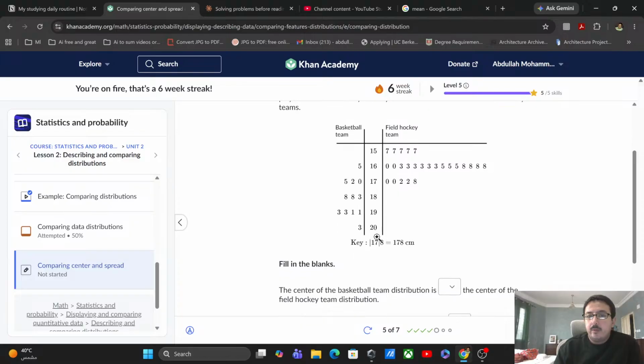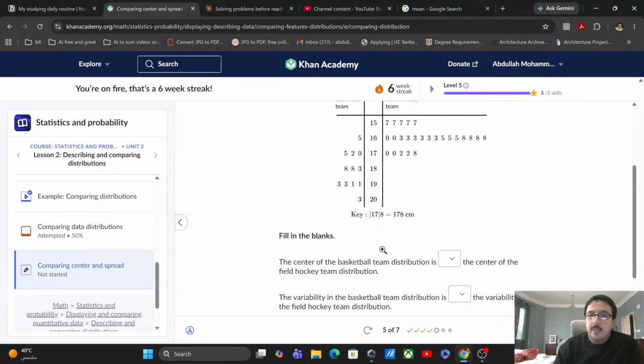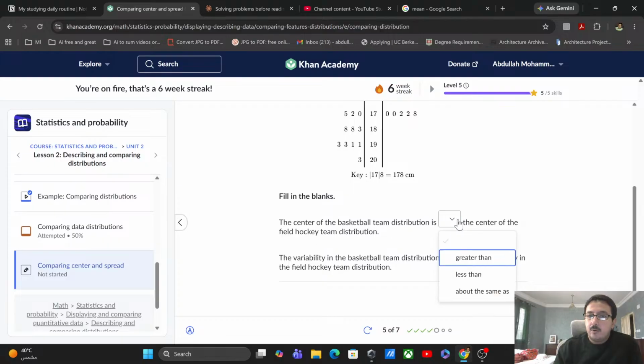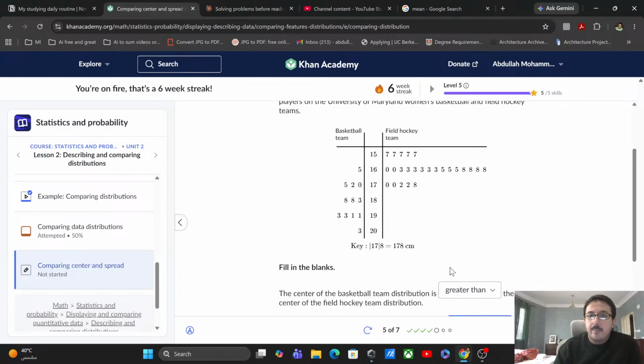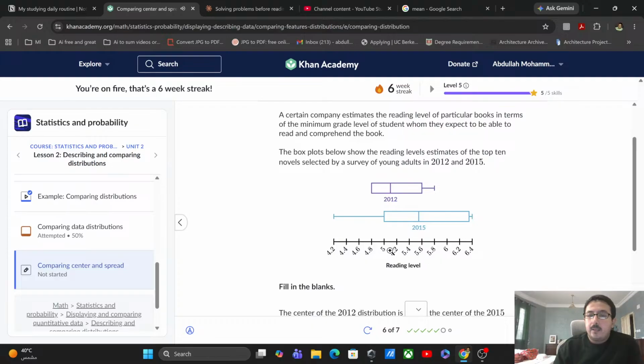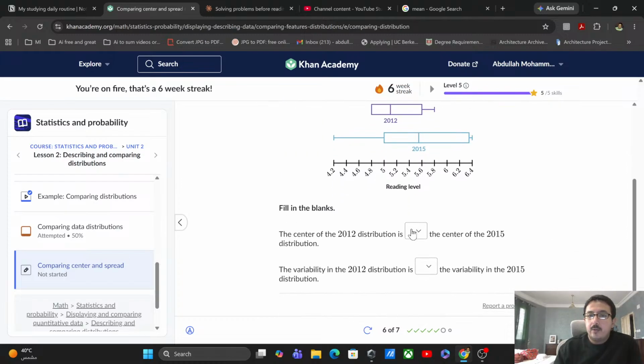This varies more, and the center also is larger. So basketball, center of basketball is larger, and the variability of basketball is greater because it's scattered. Why? Okay, so variability and the center both are larger than 2015, so less.